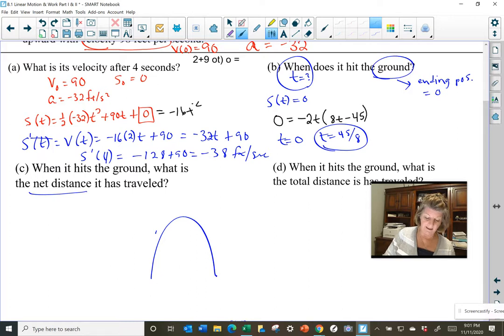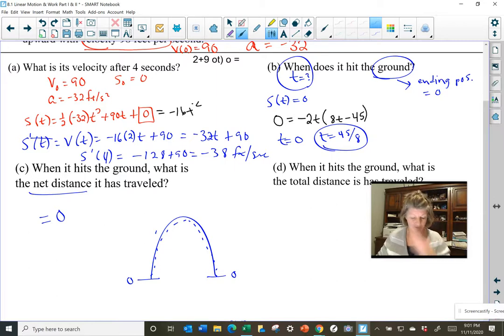So the net distance it's traveled is 0 because it starts at 0 and it finishes back at ground level. So even though it traveled this, the whole path would be our total distance traveled, but the net distance, it hasn't changed its position from its starting position. So its net position is 0.